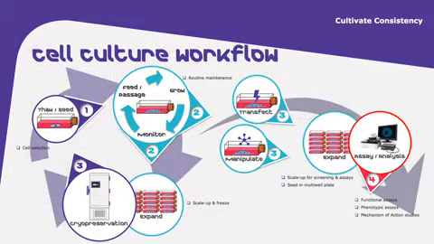Looking at the cell culture workflow, let's look at it from an experimental perspective. When you're ready to prepare cells for an assay or experiment, the first thing you will do is thaw an existing stock of cells that are cryopreserved. Once you've seeded the cells and they've recovered, we introduce the routine part of cell culture.